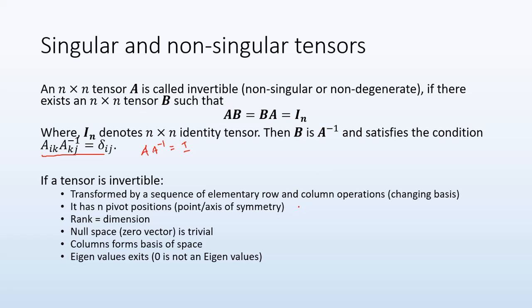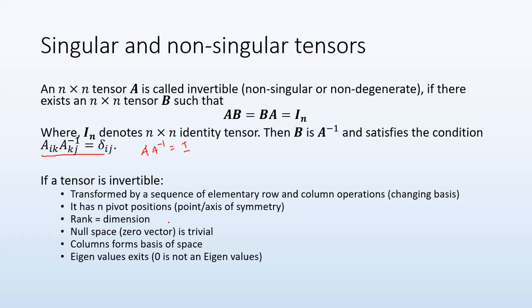So in terms of physics, I can say that any such position or point about which all these symmetry operations are carried out is the axis of symmetry or point of symmetry. So if you have a non-singular tensor, then you will have n points of symmetry.